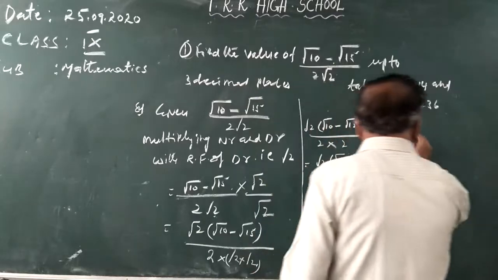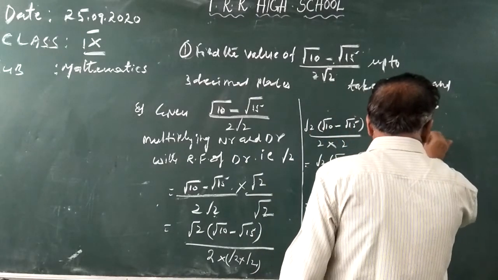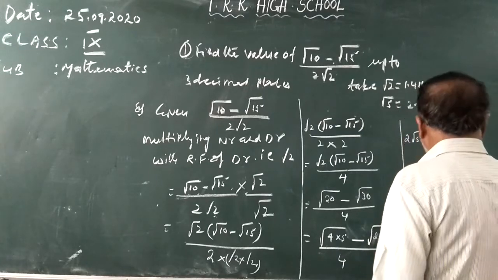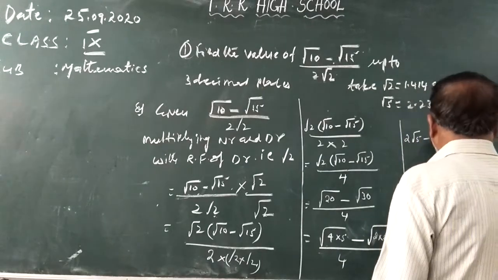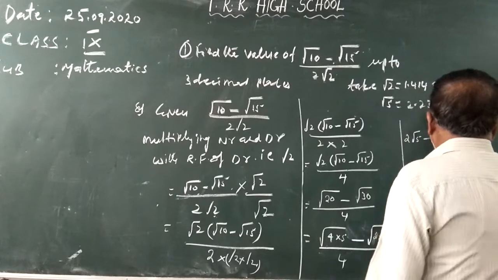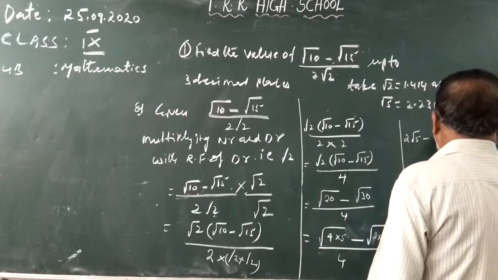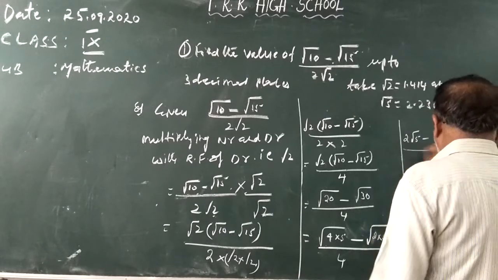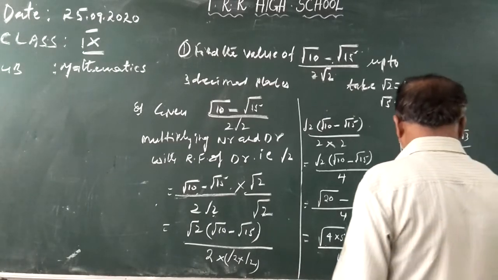Now the square root of 4 is 2. So we get 2 root 5 minus root 2 into root 5 into root 3, by 4.